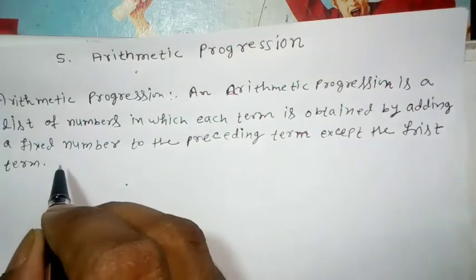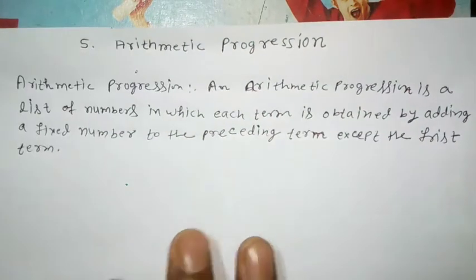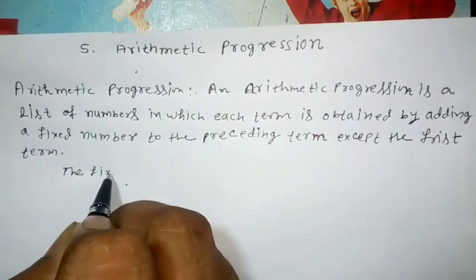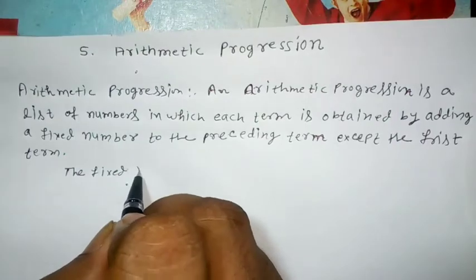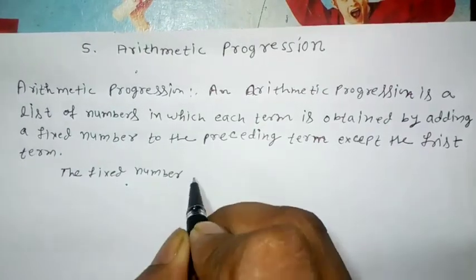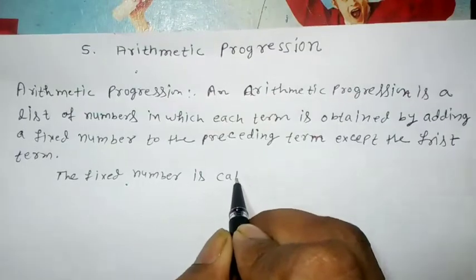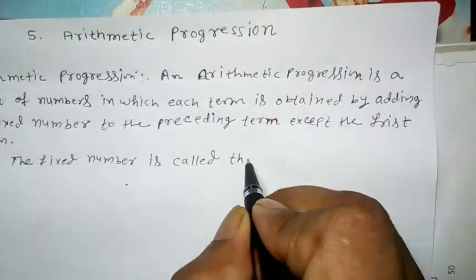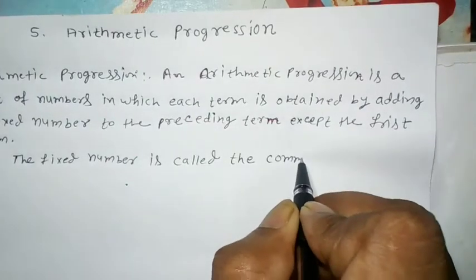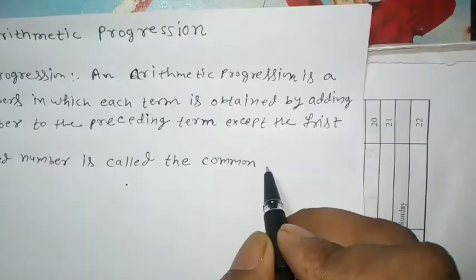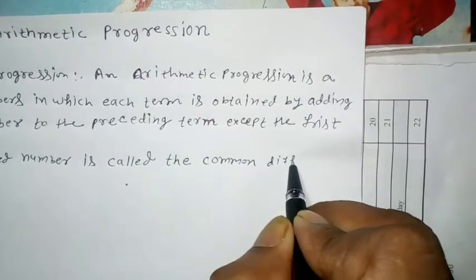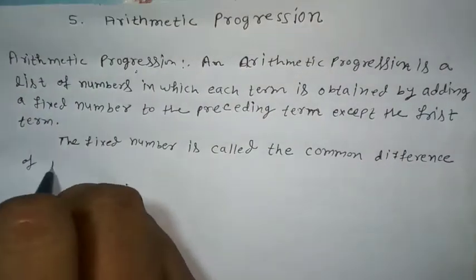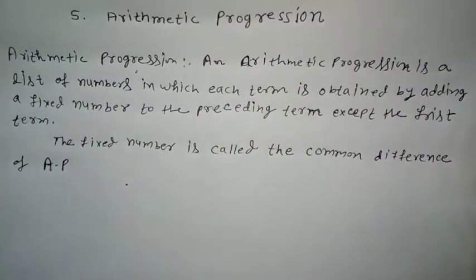Now the fixed number is called the common difference of the arithmetic progression.